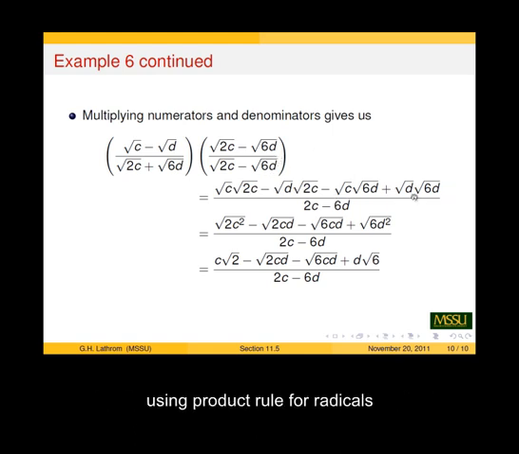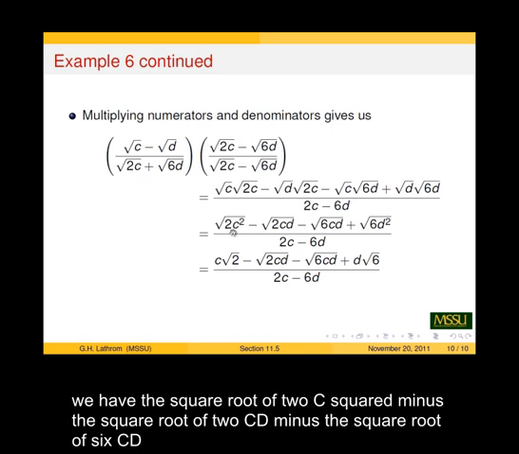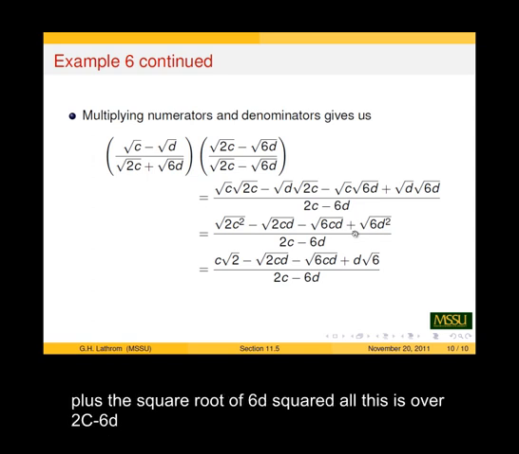Using the product rule for radicals, we have the square root of 2c squared minus the square root of 2cd minus the square root of 6cd plus the square root of 6d squared. All of this is over 2c minus 6d.